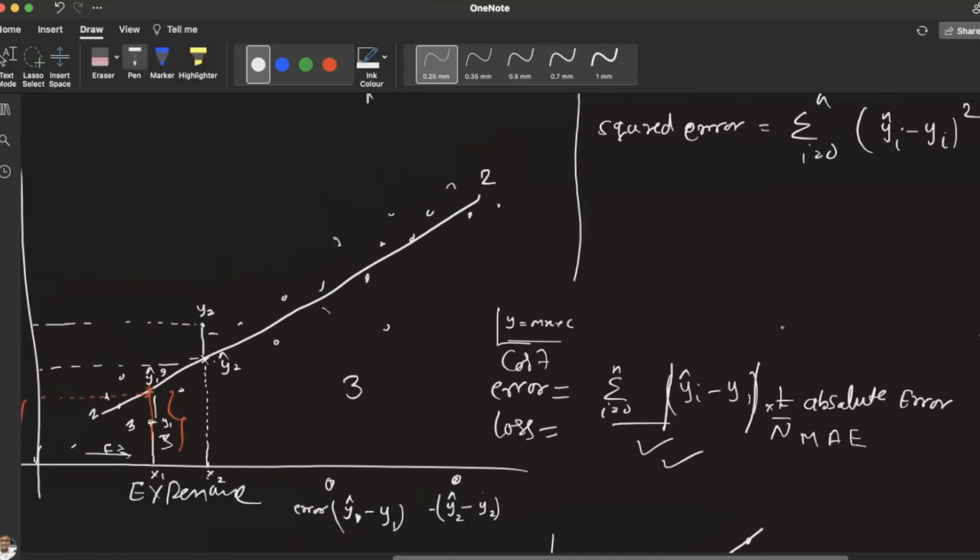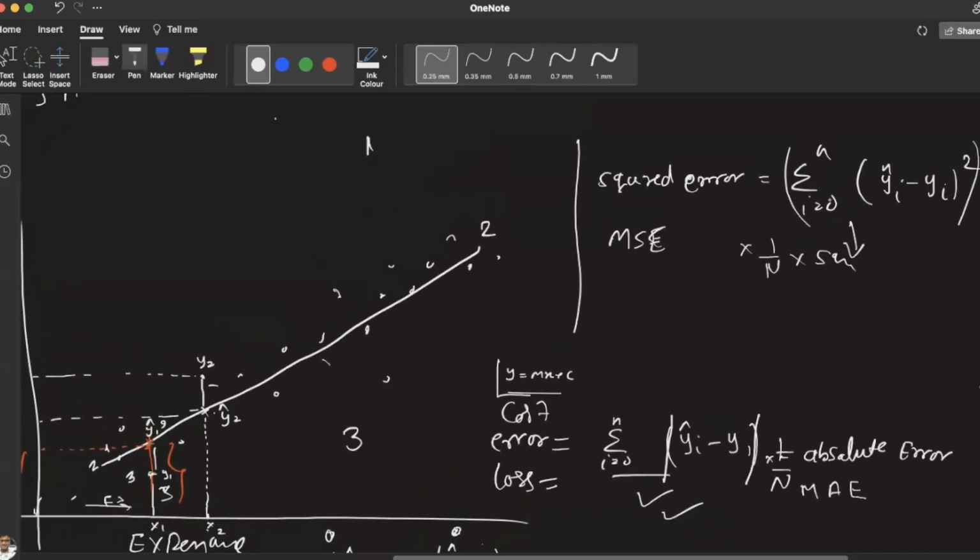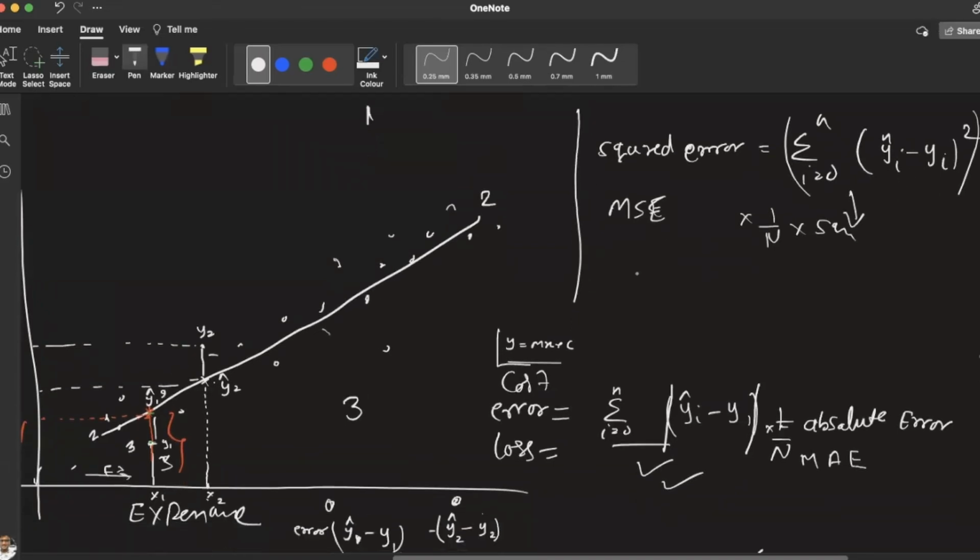And you can also calculate the mean squared error. You might have heard the term MSE. It's nothing but the mean squared error. And it can be done by just multiplying by 1 by n into the formula of squared error. Now, since we are squaring it, to bring it back to the same level, what can we do?